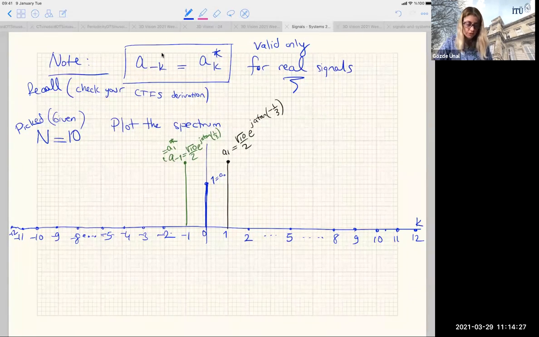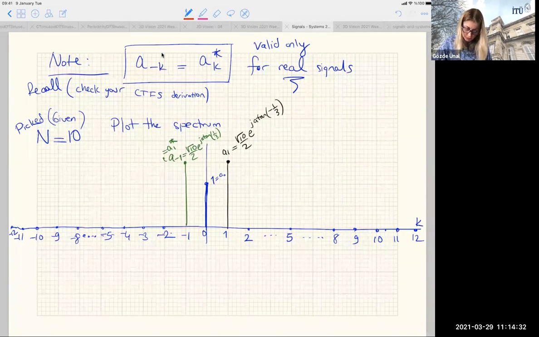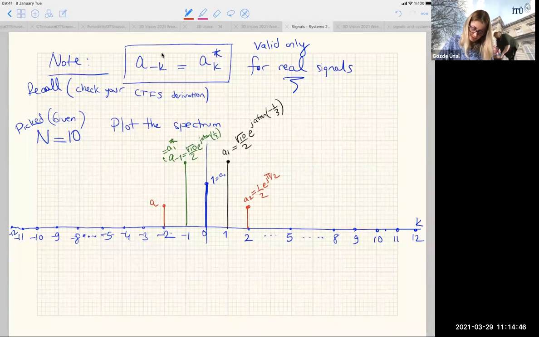Let me complete, by the way, minus 2 and 2. A2 was 1 over 2 e to the j pi over 2. A minus 2 is really 1 over 2 e to the minus j pi over 2. So this pattern will repeat every 10 samples.